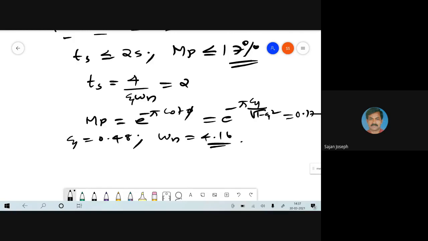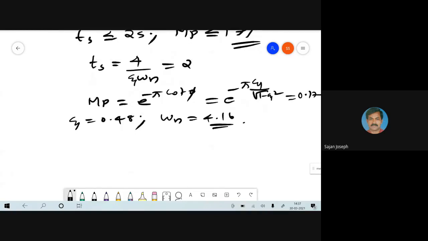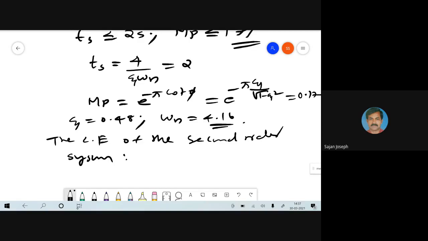Then what is the characteristic equation of the second order system? The CE of the second order system is s square plus 2 epsilon omega n s plus omega n square equal to 0.